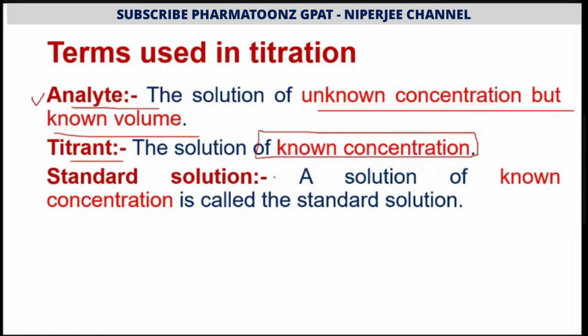For example, in acid-base titration we take 0.1 normal NaOH, so its normality is known, so it is called titrant. And for standardization of NaOH we use KHP, potassium hydrogen phthalate solution, so it is called a standard solution, which also has a known concentration. So these are the different terminologies.